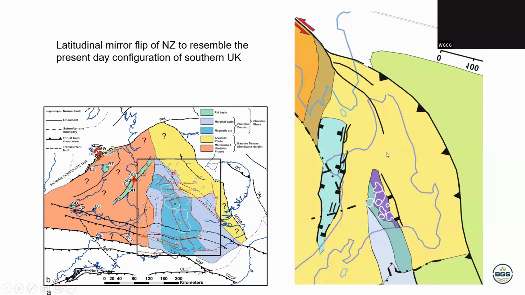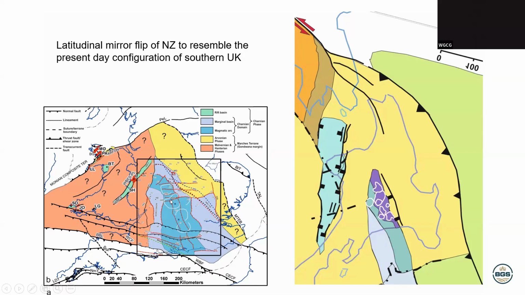Because if we do some graphic gymnastics, and we do a latitudinal mirror flip of New Zealand, we can turn it upside down. This is the north coast. We've now flipped it, and you can see in my model that the Taupo zone is now coming in from the south, not the north, or apparently from the south, and that is analogous to my Charnian wedge here.